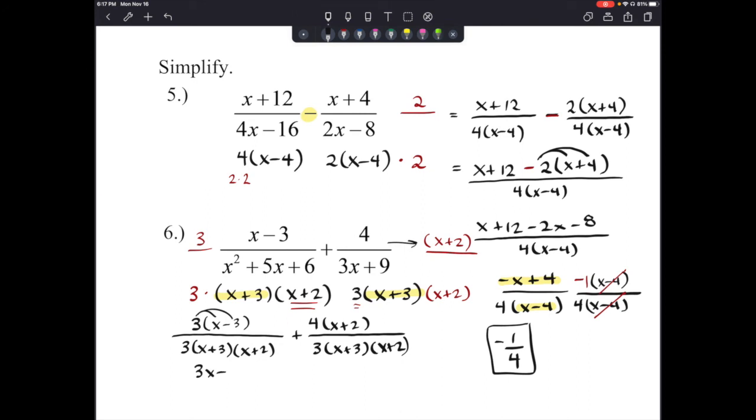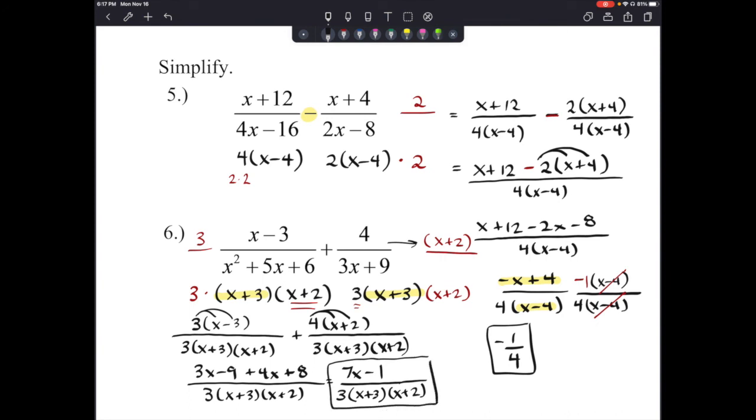So 3x minus 9. Now I'm going to distribute my 4 through. It says plus 4x plus 8. And we're looking at there, 3x plus 4x is 7x. Negative 9 plus 8 is negative 1. And we will just continue to just recopy our denominator down because it doesn't look like anything simplifies beyond that. So 3 times the quantity of x plus 3 times the quantity of x plus 2. And we are done.